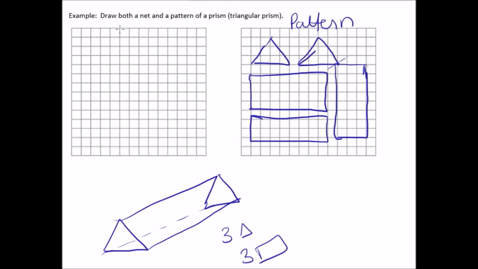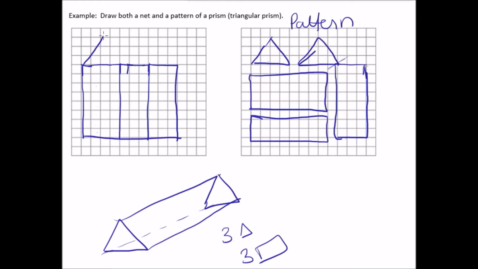If we wanted to draw a net, we would go 1, 2, 3, 4, 5. That would be, well, 4 would be 1. And 1, 2, 3 would be another one, and 1, 2, 3 would be another one. All the sides would be able to be folded up, so those can all be joined together. 1, 2, 3, 4, 5, 6, 7, 8.